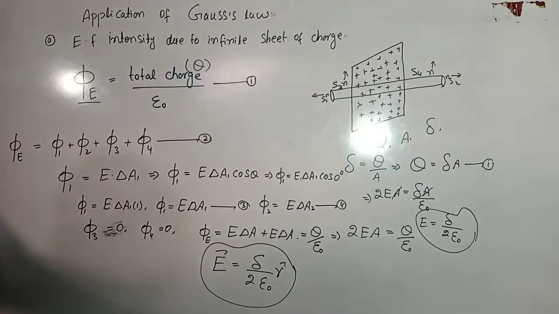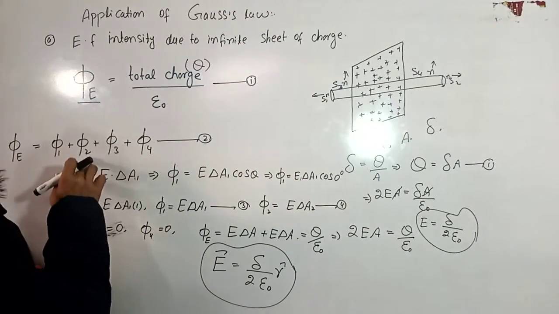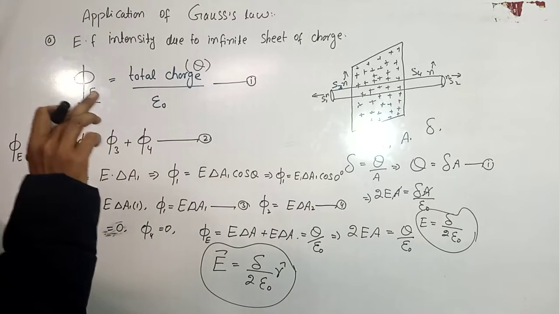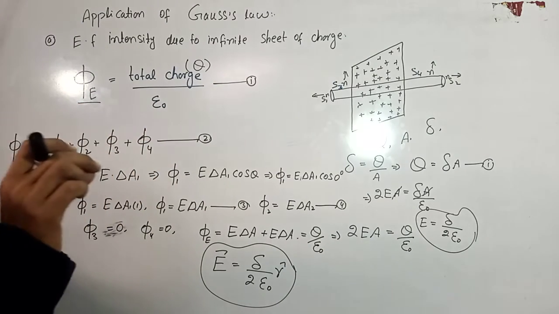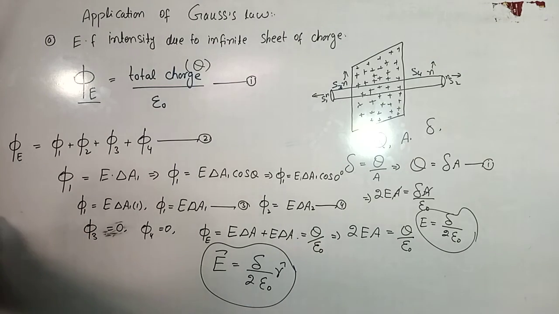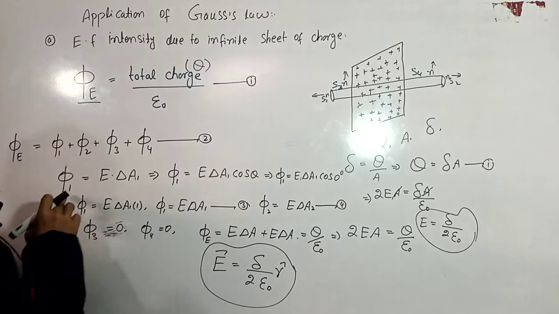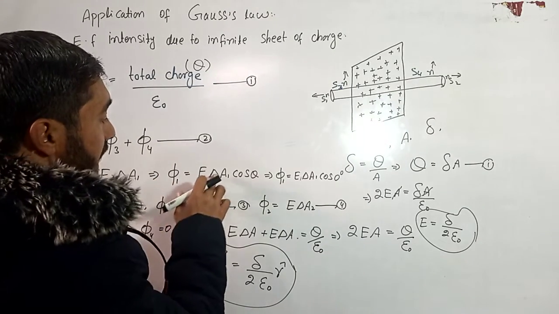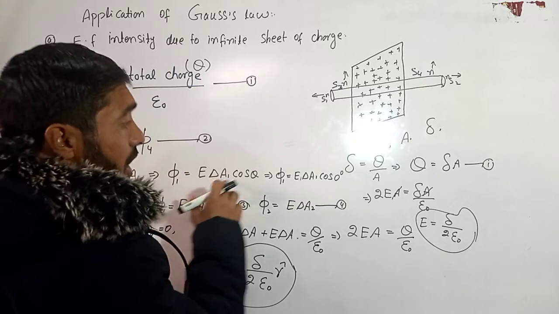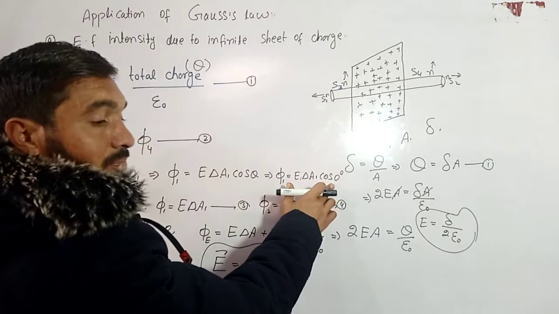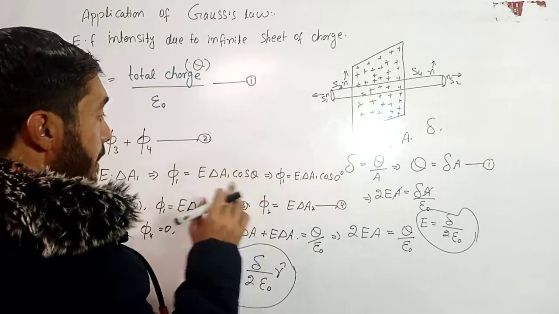So total flux is equal to phi 1 plus phi 2 plus phi 3 plus phi 4. Surface S1 and surface S2 we will use, and the remaining two surfaces are equal to 0.